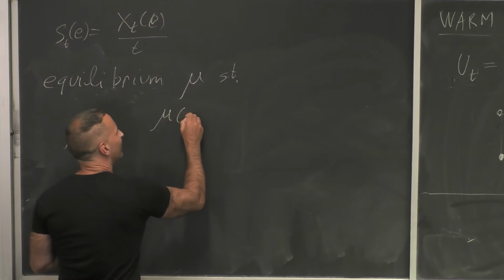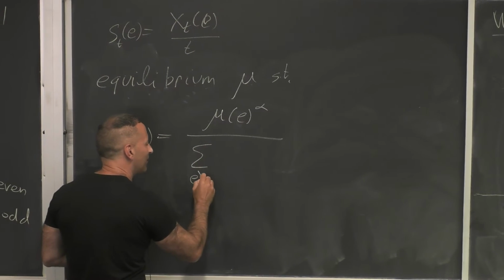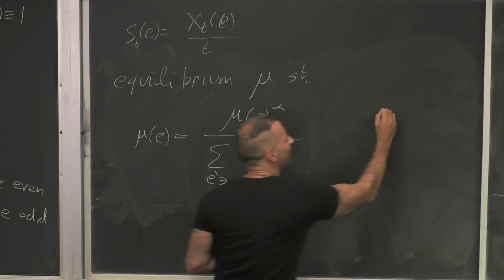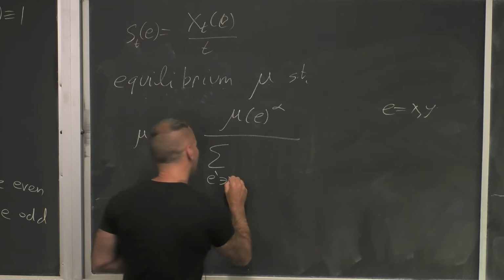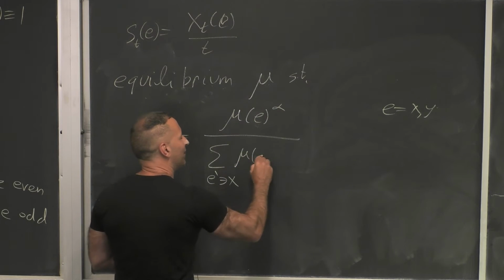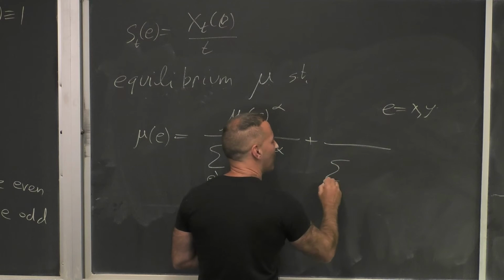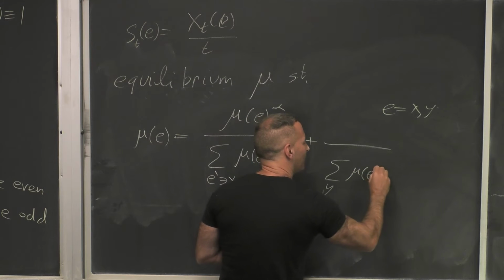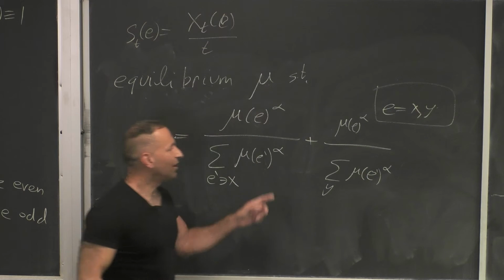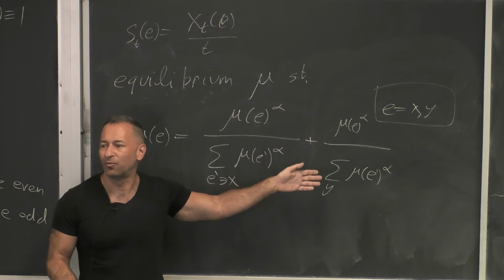So this should be mu of E to the power alpha divided by the sum over all edges E prime containing x, let's say the edge E is some xy, of mu of E prime to the power alpha, plus the same thing with the sum over y of mu of E prime to the power alpha. This is the rate at which an edge is reinforced from x, and this is the rate at which it's reinforced from y.